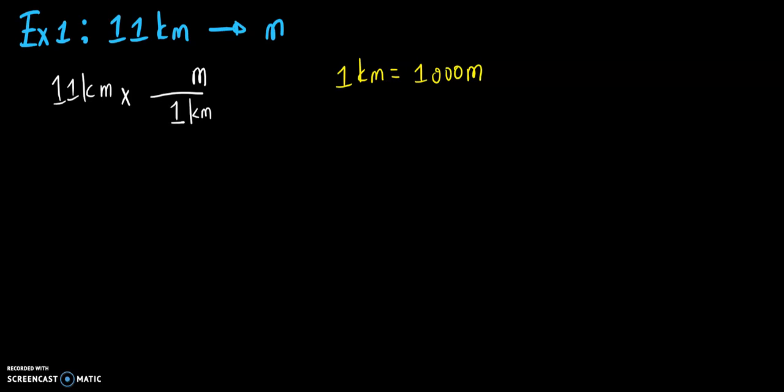So 1 kilometer is to 1,000 meters. Now notice that this kilometer is going to cancel out this. And then in the end, we have 11 times 1,000 meters, which is 11,000 meters.